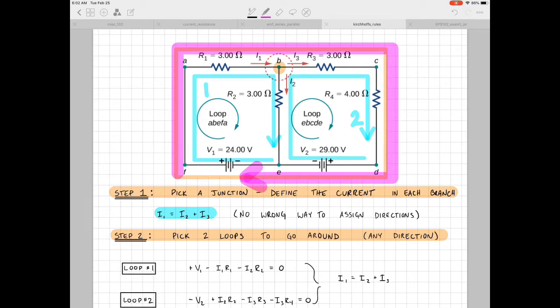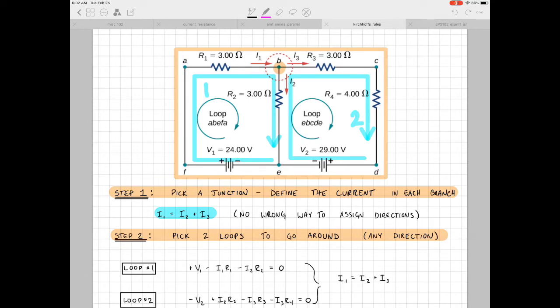Only 2 of them, any 2 that you choose, are needed to actually analyze the circuit. The 3rd loop just provides essentially redundant information. So pick whatever 2 loops you want to use, and then you're off to start doing the analysis. All right, so I've got my 2 loops chosen.